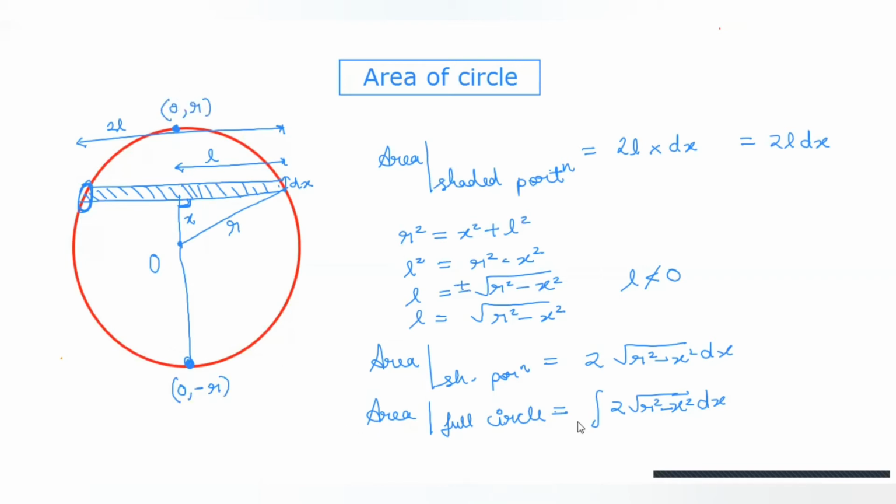So the value of x varies from minus r to r. So our lower limit becomes minus r and our upper limit becomes r. So the area of the circle will become the integration from minus r to r of twice under root r square minus x square times dx.